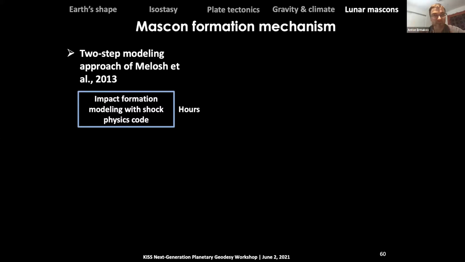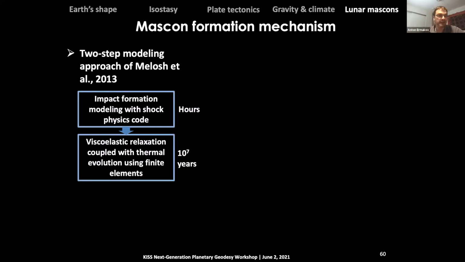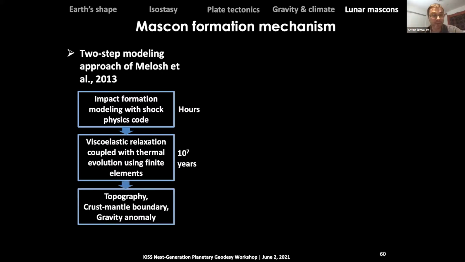And viscoelastic relaxation was computed coupled with a thermal evolution using a finite element code. And this part of the simulation takes millions or tens of millions of years. The outcome was to predict the topography, crust-mantle boundary, and gravity anomaly to be matched with the observations.